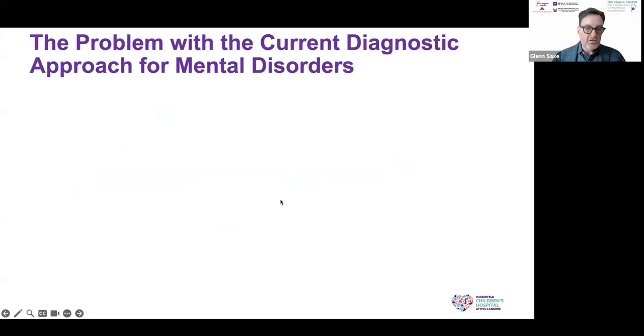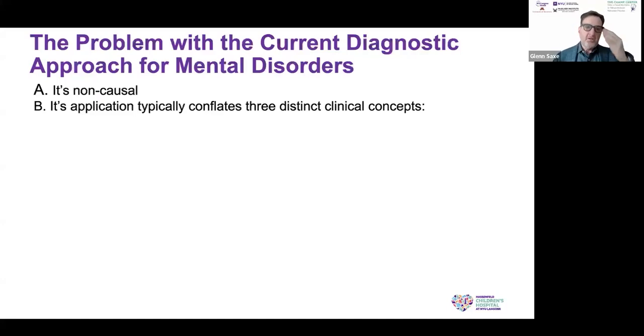And so we could look at the problem with our current diagnostic system for mental disorders. What are the problems? It's non-causal. It's by definition in 1980 with DSM-3, psychiatry decided it shouldn't be causal because we didn't have enough causal information.